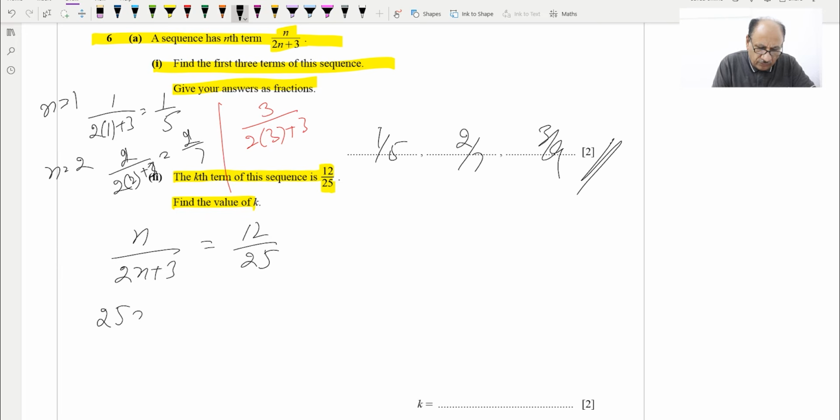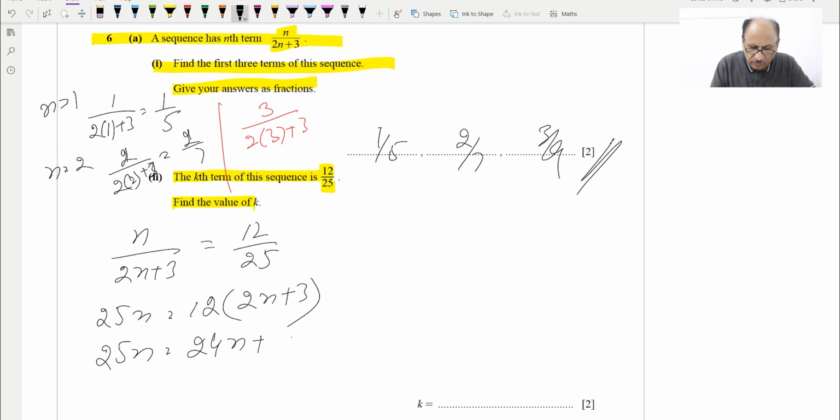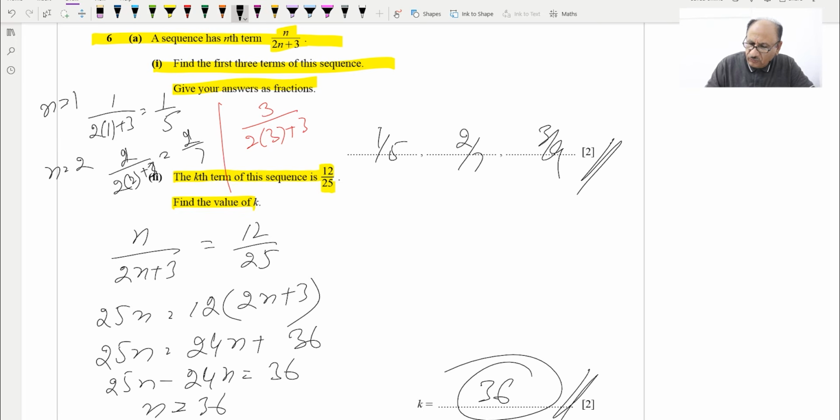So 25n is equal to 12 into 2n plus 3, which is equal to 25n is equal to 24n plus 36, and 25n minus 24n is equal to 36. So n is equal to 36. So 36 will be our answer for 2 marks.